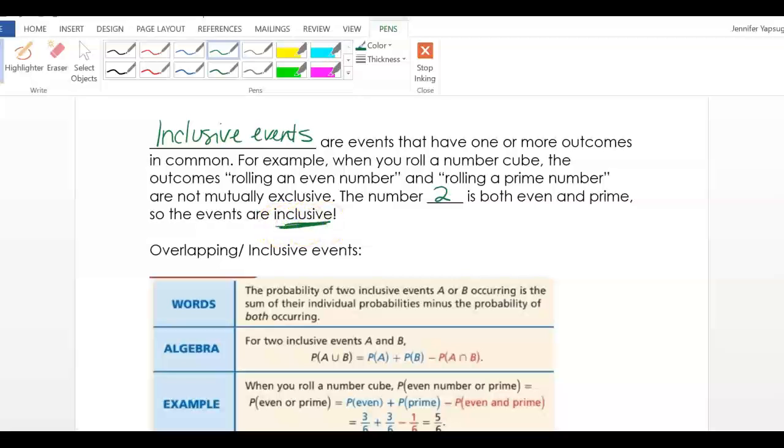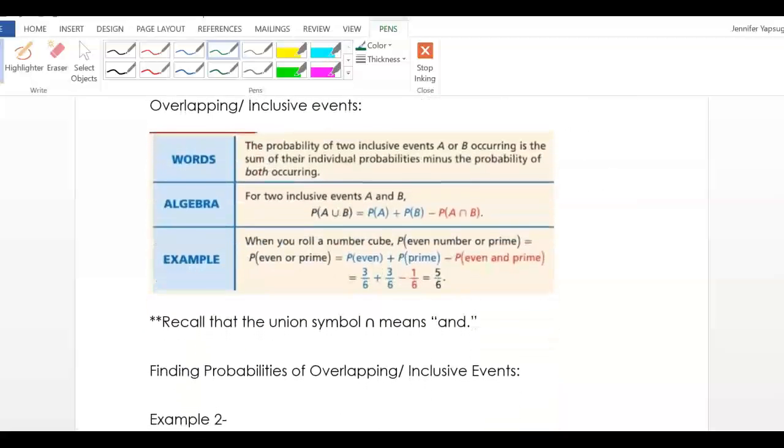So again, I provided you with a table that shows you in words, in algebra, and as an example. So we have the probability of 2 inclusive events, A or B, occurring is the sum of their individual probabilities minus the probability of both occurring. And so in algebra, we have this here. We've got the probability of this occurring, which is the definition, A or B. So the probability of A plus the probability of B. But then we want to subtract the probability of A and B also occurring.